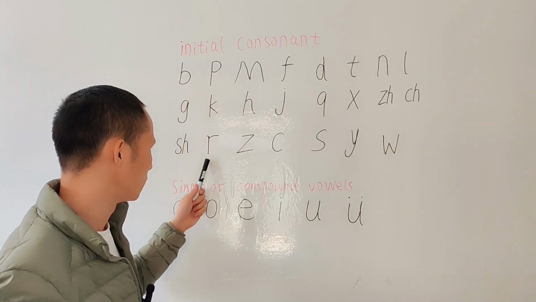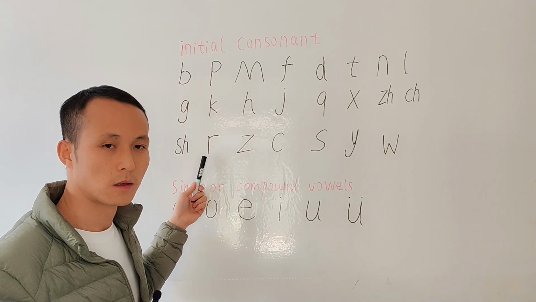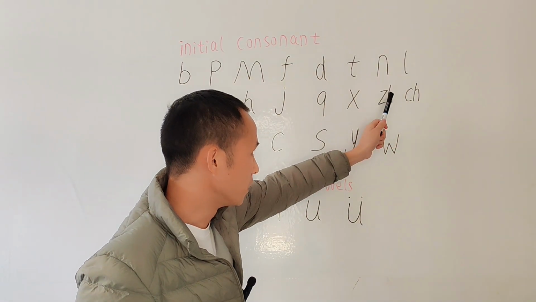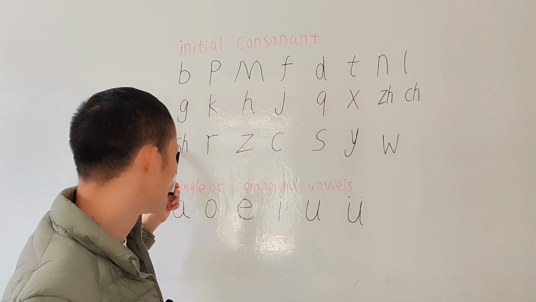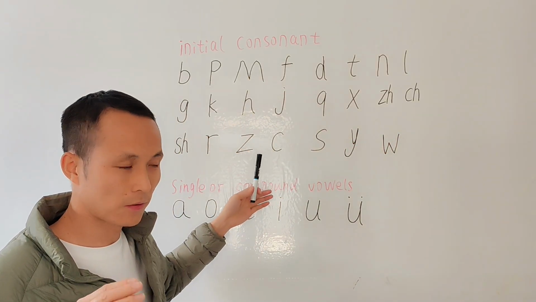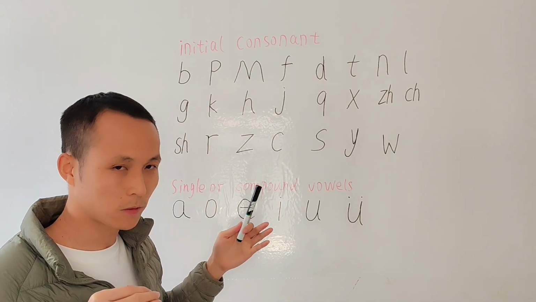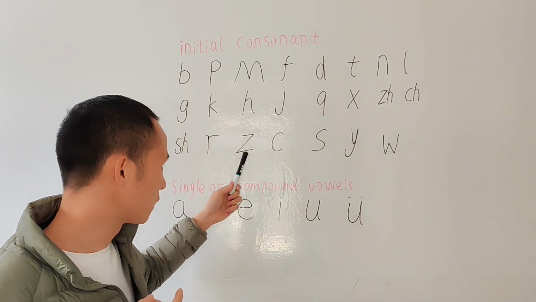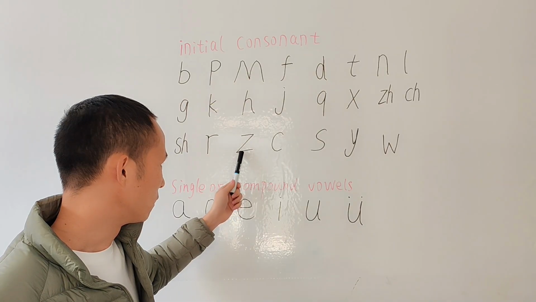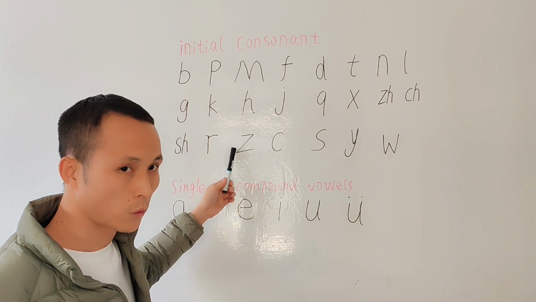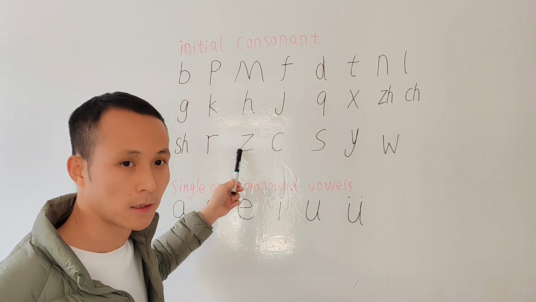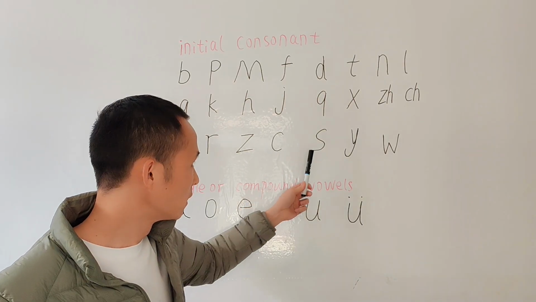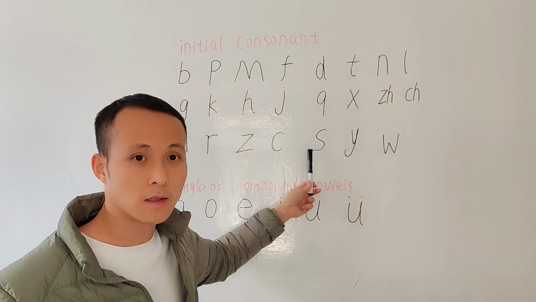Now z, z, corresponding to these three initial consonants that you need to roll your tongue for. These are the three that sound very alike but are pronounced without rolling your tongue. So these three initial consonants read as z, c, s.